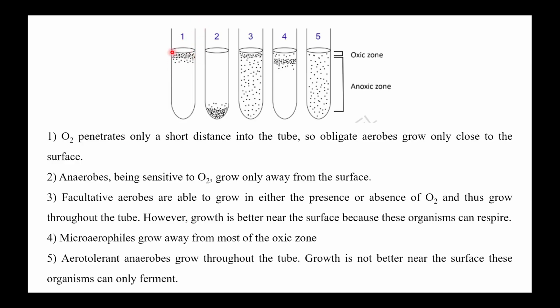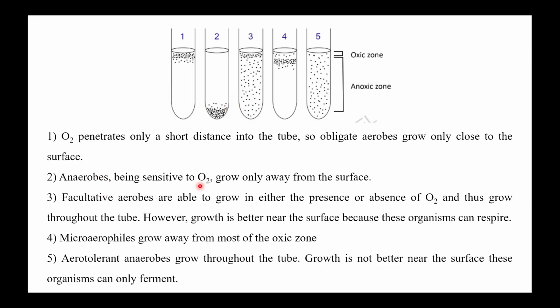Since oxygen diffuses only to the top part of the surface of the solution, the obligate aerobes will grow closer to the surface. Then anaerobes, since they are sensitive to oxygen, will grow away from the surface, at the very bottom of the tube.